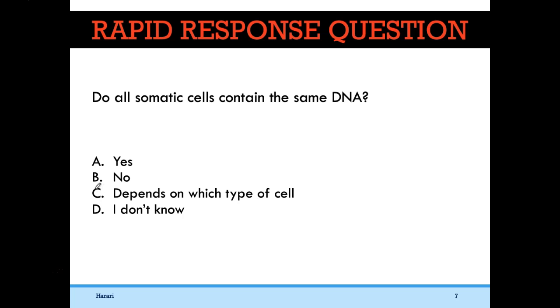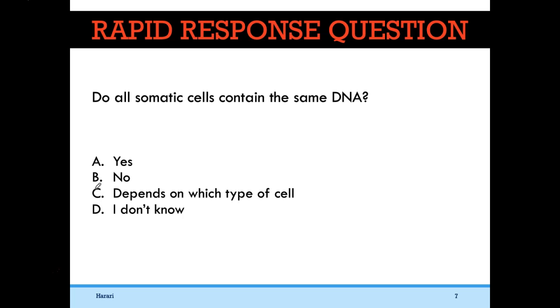Almost all somatic cells of your body, meaning all cells other than sperm and egg, have the same exact genes. Of course, each cell might have its own mutations, but for the most part, all somatic cells have the same DNA, the same genes, right?